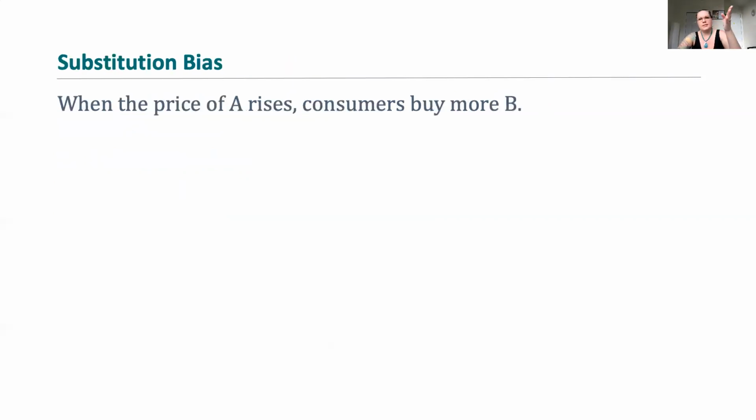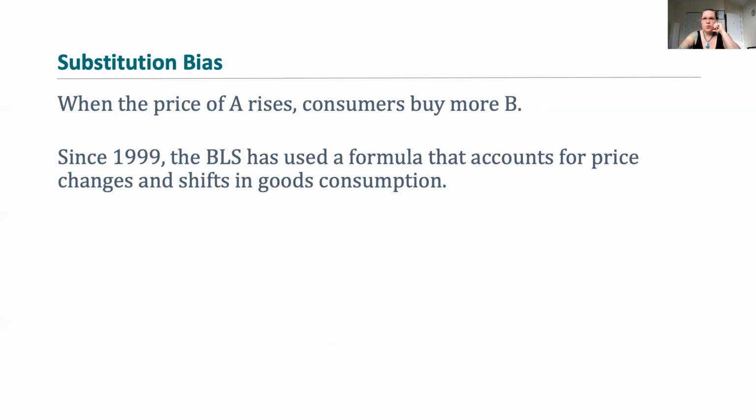So substitution bias is like a demand shifter, right? The price of a related good. When the price of good A rises and A and B are substitutes, we're going to buy more of product B. And we don't want the substitution action to be conflated with the concept of inflation, because the movement is due to the substitution effect, not due to the price level.